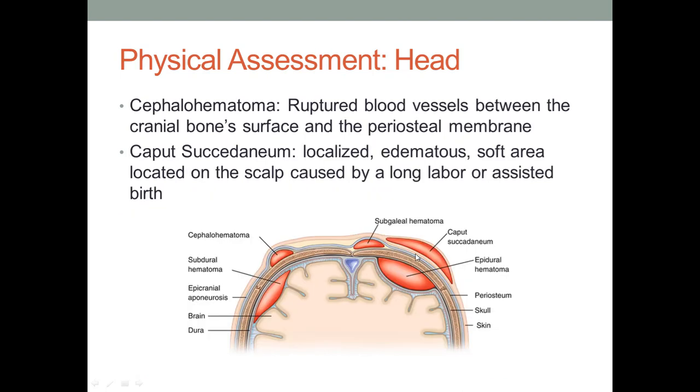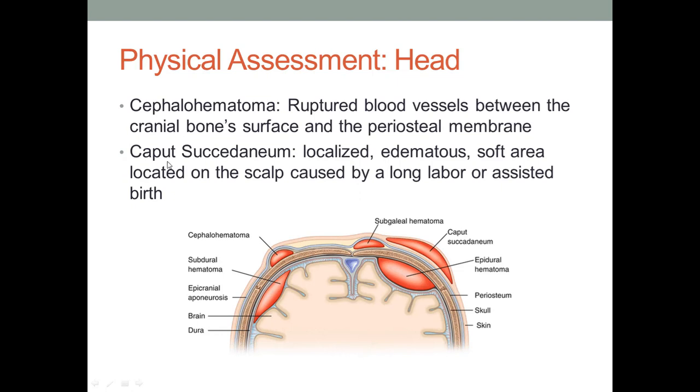A cephalohematoma, I like this picture because it's got quite a bit of stuff, but a cephalohematoma, right here, is basically a pooling of the blood, or ruptured blood vessels, between the cranial bone and the outer membrane. So basically a very big bruise.